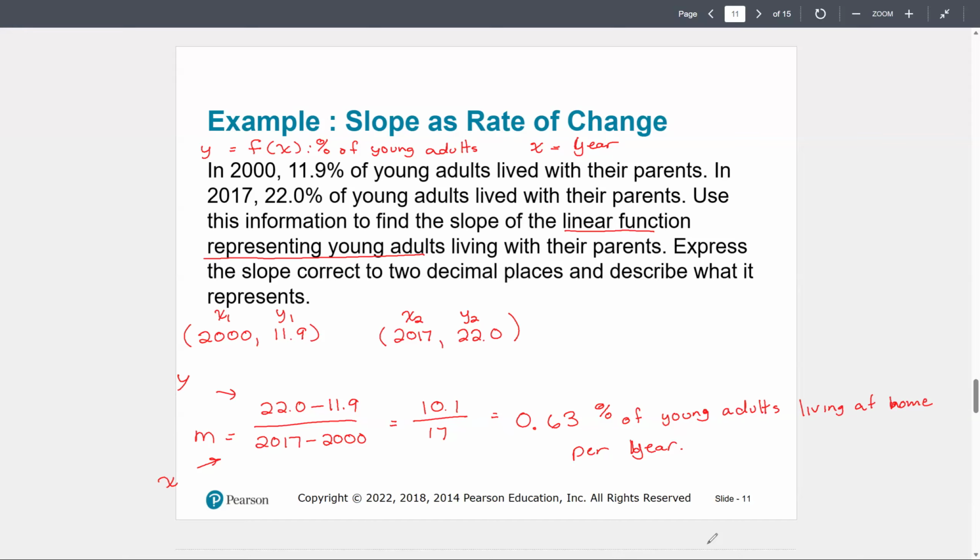Another way of looking at this is, every time we go up by another year, another 0.63% of young adults are going to be living at home.